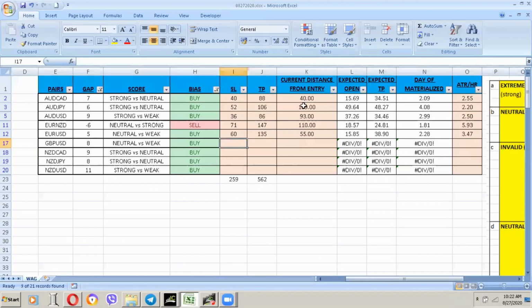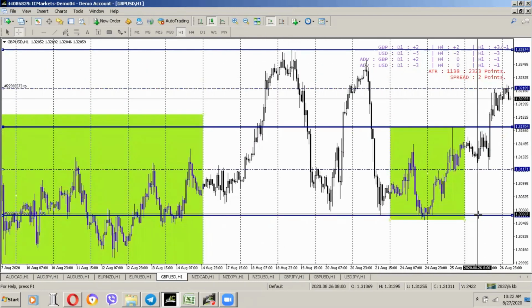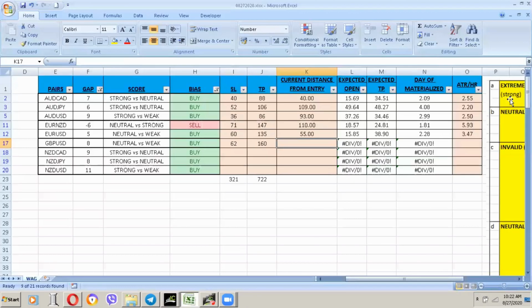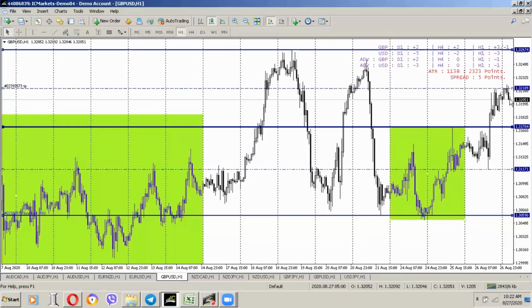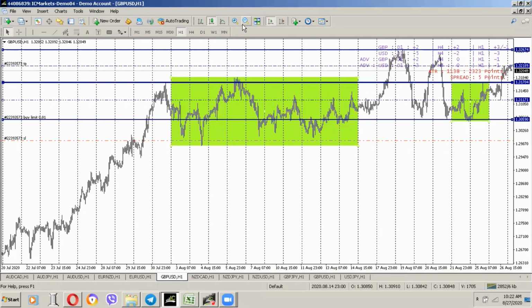TP is 160. And current distance from entry, we have around 145. Then ATR per hour, we have 113.8. For the market structure, this is ranging.